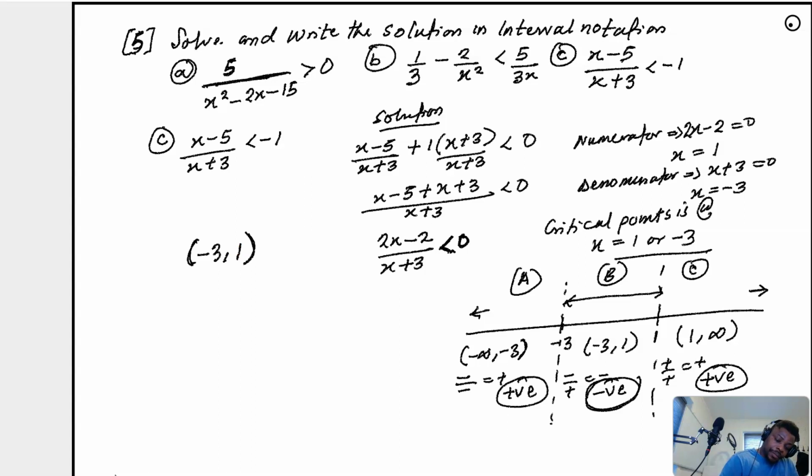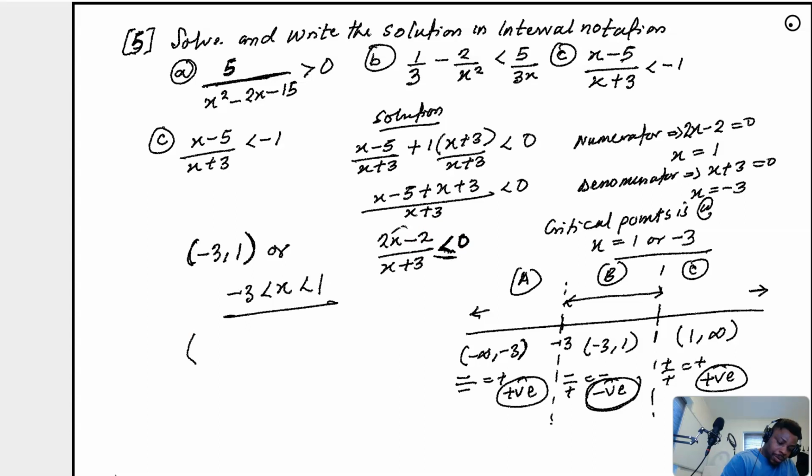But remember here, let's check the numerator. When the numerator is equal to 1, if I put 1 here, everything on the left hand side becomes 0. 0 is less than 0, that is false. So it simply means 1 will not be inclusive. So this is our answer, or you can write it like this. But in a case where this is with equal to 0, that means 1 will be inclusive.